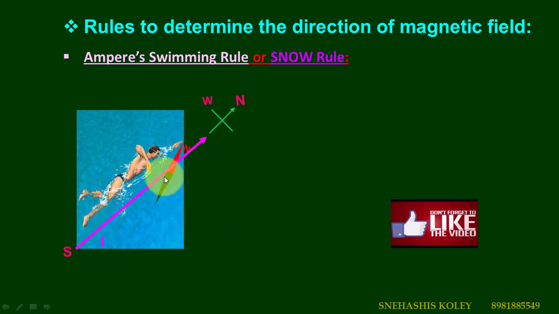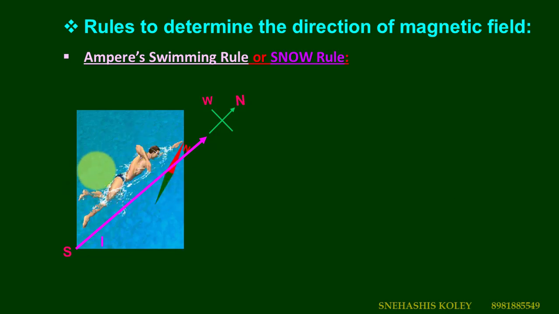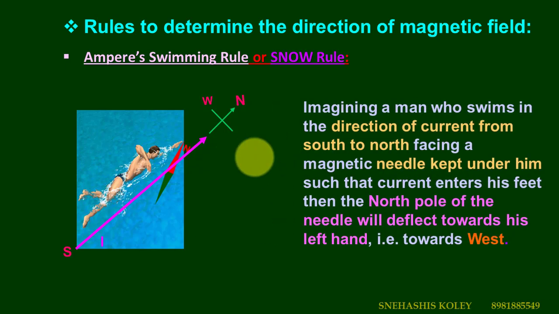In this case, if the magnetic needle is placed just below the current carrying conductor, then the needle will deflect towards the east, or the north pole of the needle will deflect towards his left hand. You must remember that this rule is to determine in which direction the magnetic needle will deflect.